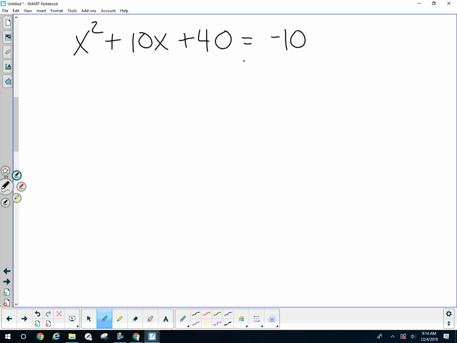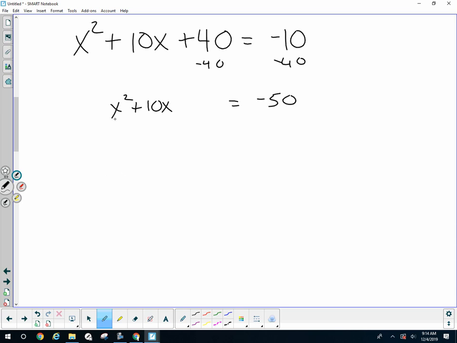Now I have numbers on both sides, but it's the same process. Remove the stuff that is bothering x squareds and x's. So here, don't worry about this 10. Remove the 40 first. I get x squared plus 10x equals -50.